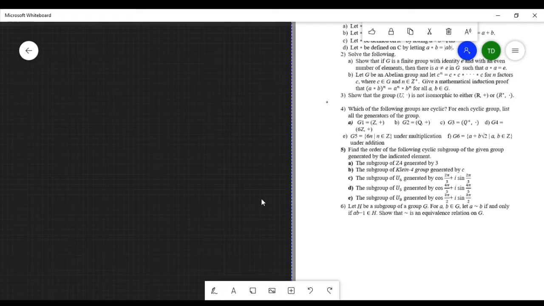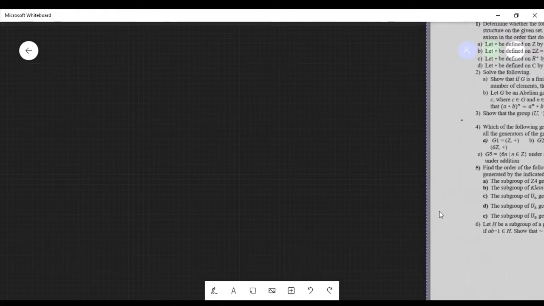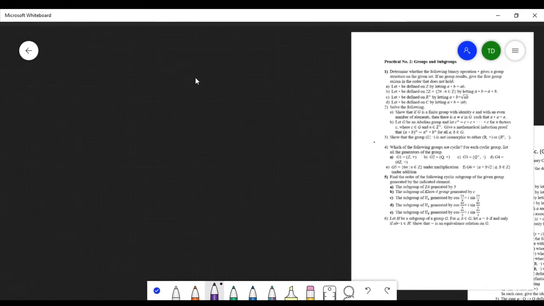So let us recall the meaning of what is an equivalence relation. If we are having a set X with us and we have a relation capital R on X, then we have to decide whether the relation is an equivalence relation or not.